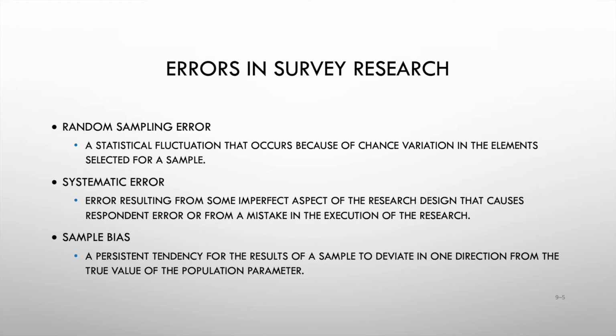Systematic error. These are the errors resulting from some imperfect aspect of the research design that causes respondent error. Or it can be from a mistake in the execution of the research. Maybe you didn't interview everybody or survey everybody that should have been surveyed.